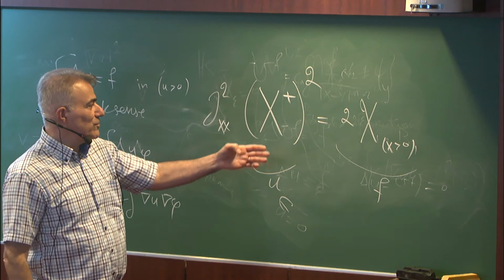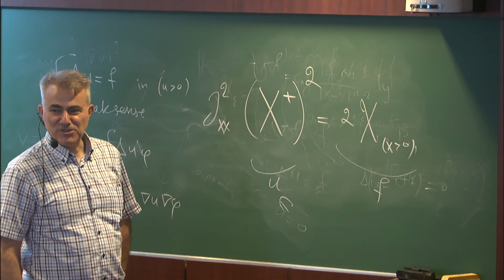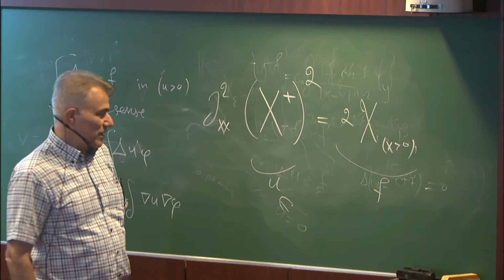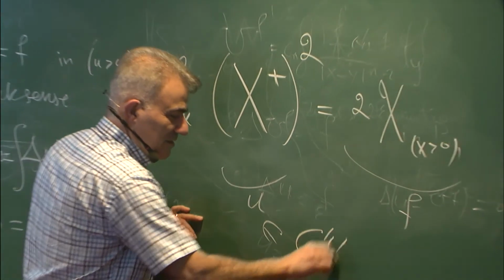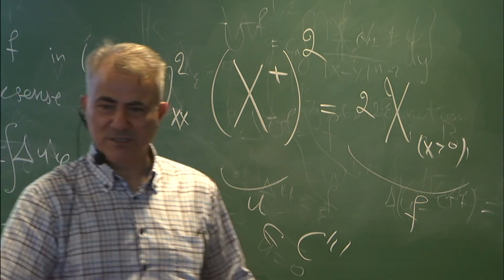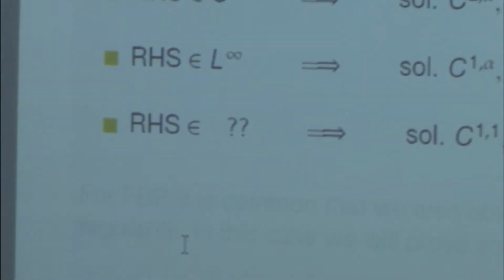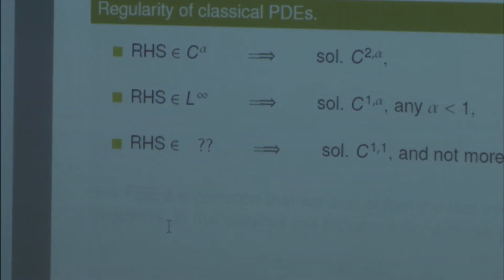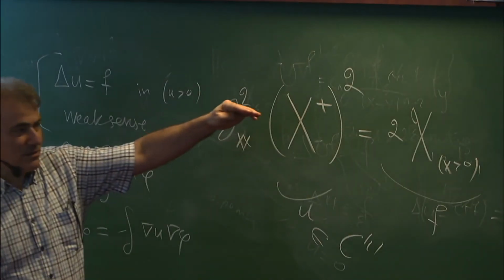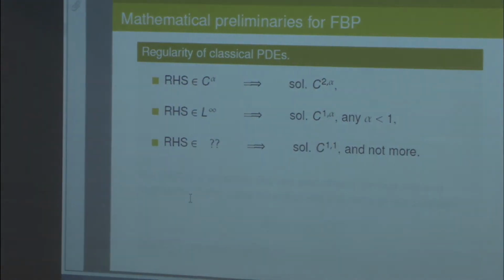I'm saying second derivatives are bounded, so the function is C1,1. That is, the first derivatives are Lipschitz. So even with something like this, I'm getting better than this one. But there's a structure here. So that is not wrong, but this doesn't give you all the information.